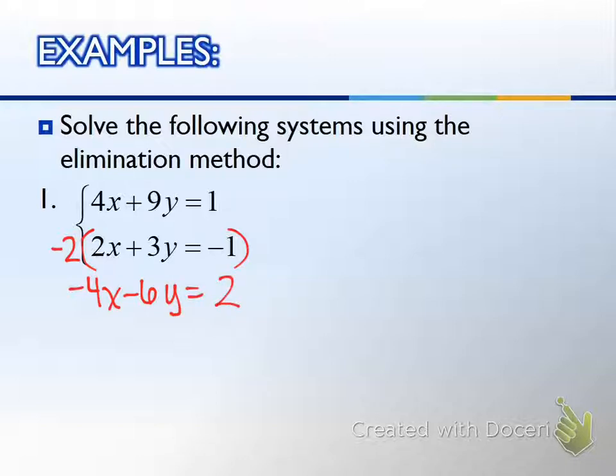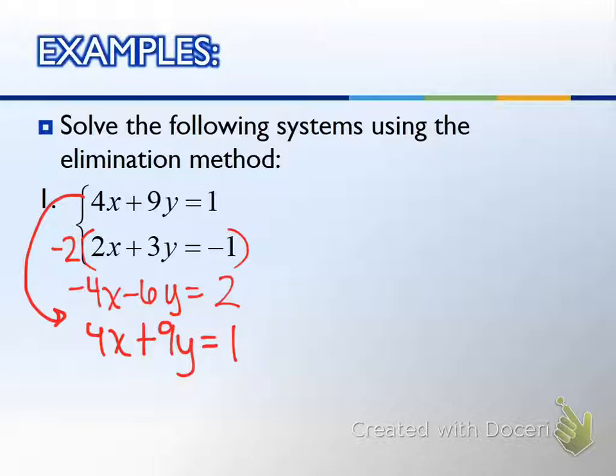We have to multiply every single term in the whole equation by the -2. Now this is not a requirement, but I personally like to rewrite my top equation down below. So I'm going to rewrite this top equation below. 4x plus 9y equals 1.